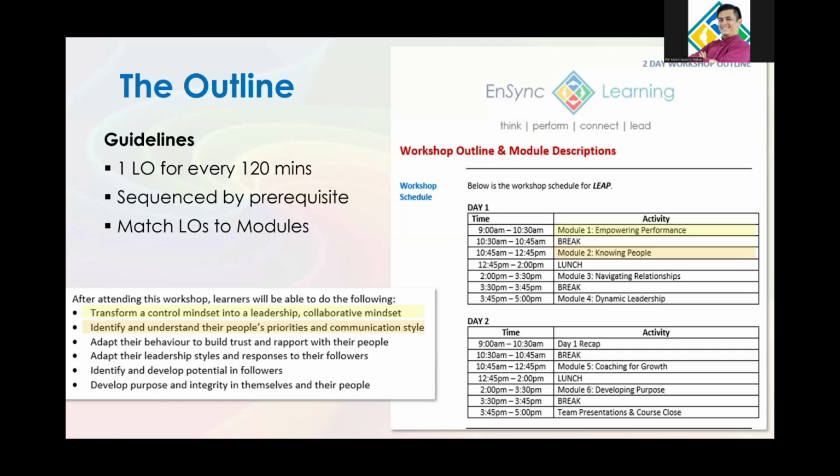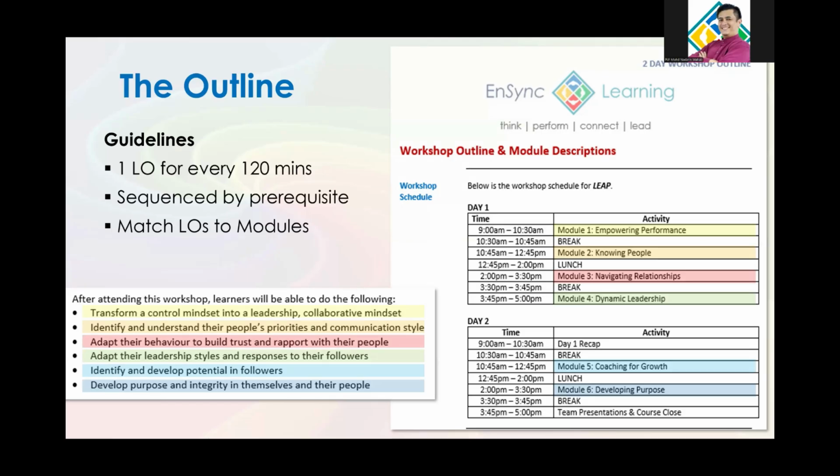I name that knowing people. Adapt their behavior to build trust and rapport with their people. I call it navigating relationships. Adapt their leadership styles and responses to their followers. I call this dynamic leadership. Identify and develop potential in followers. I call this coaching for growth. And develop purpose and integrity in themselves and their people. I call this developing purpose.